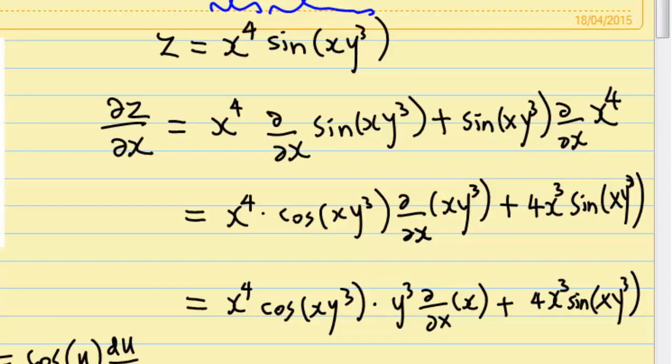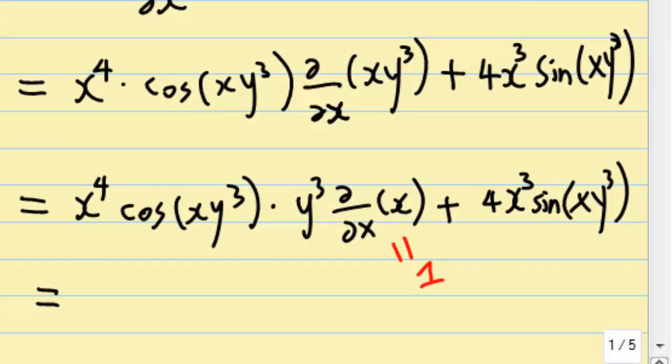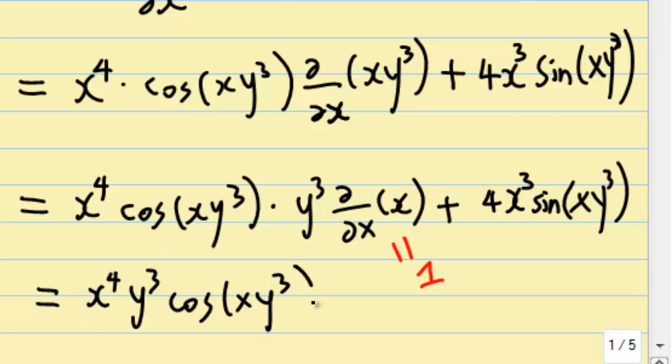As differentiation of x with respect to x is 1, therefore dz dx is x power 4 y cubed cosine xy cubed plus 4x cubed sine of xy cubed.